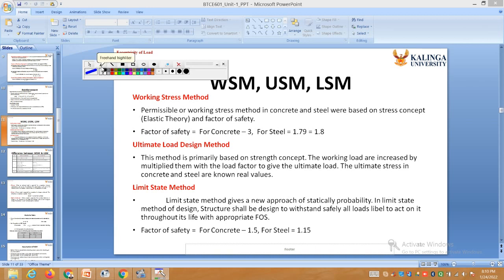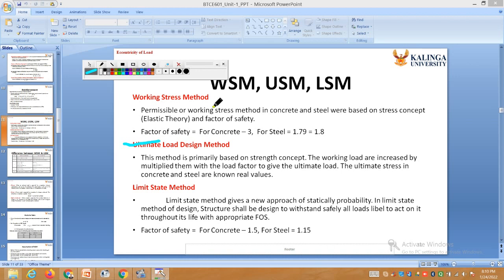And the ultimate load design method is very rarely used actually, not that much important. It is basically a strength concept based method, and the working loads are multiplied with some load factor, and ultimate stresses are calculated while designing in the ultimate load design method.